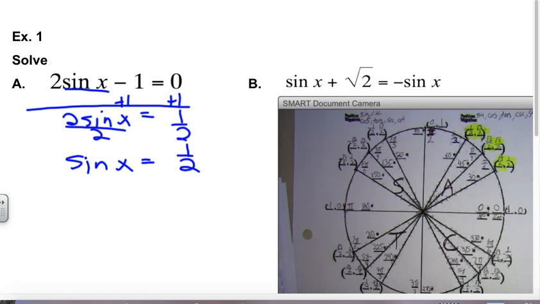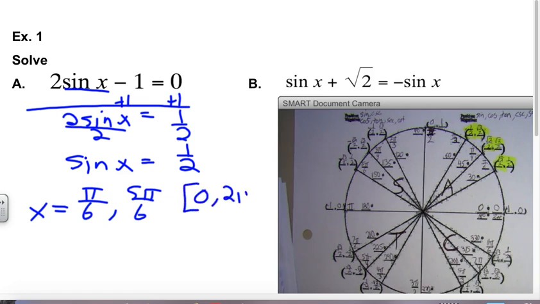So our answers, x has to be pi over 6 and 5 pi over 6 if we're talking about the range between 0 and 2 pi. We're going to include 0 but not 2 pi. So this would be our answers as far as just telling us the answers between 0 and 2 pi.